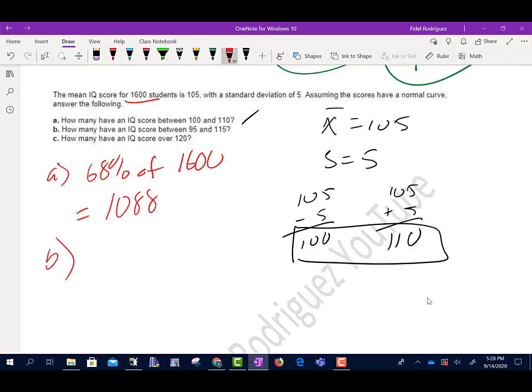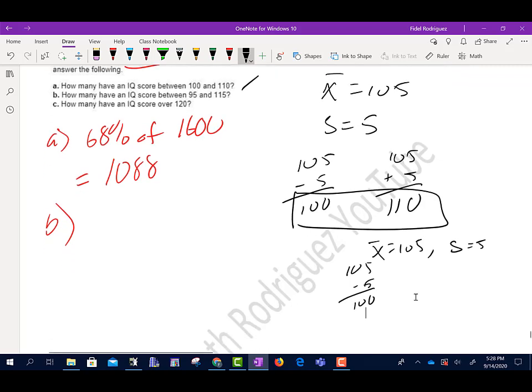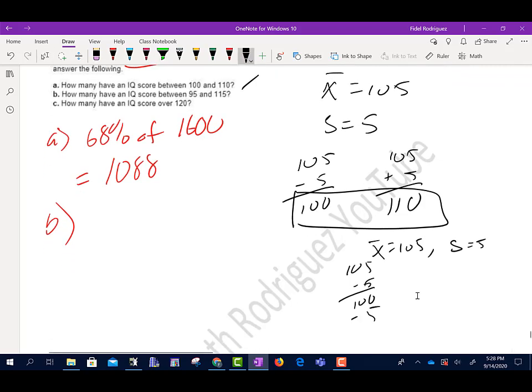Part B says between 95 and 115. Remember, my average is 105 and my standard deviation is 5. 105 minus 5 is 100, and if I subtract 5 again, here's my 95. 105 plus 5 is 110, and if I add another 5, that's 115. So we had to do this twice.